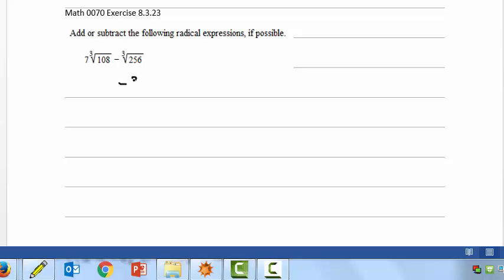Well, cube root of 256 can be written as the cube root of 64 times the cube root of 4. Now I'm going to suspect that I can divide 4 into 108.